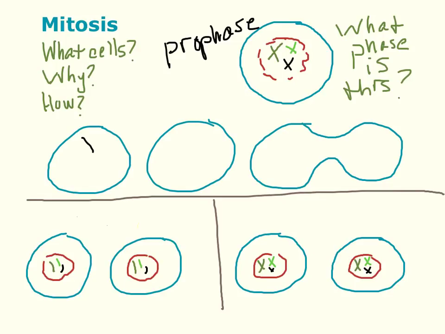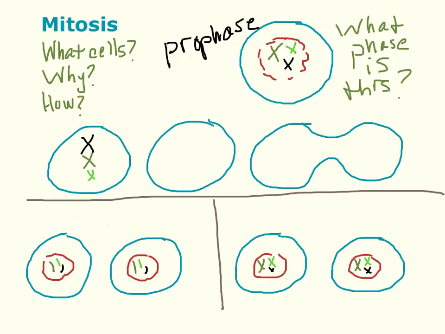Here's my black chromosome, metaphase, lining up along the middle. And my light green one, which is supposed to be a little bit smaller. It's hard to control my iPad pen here. Okay, and then anaphase.